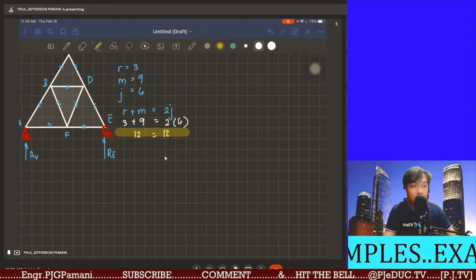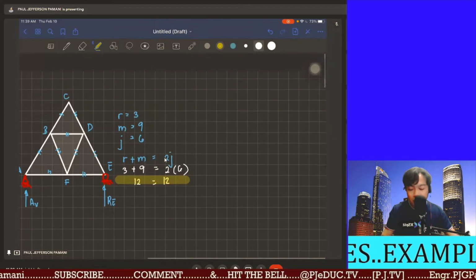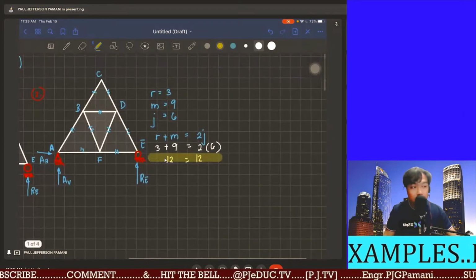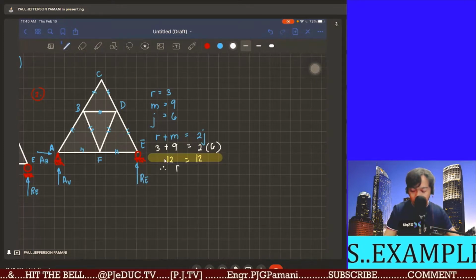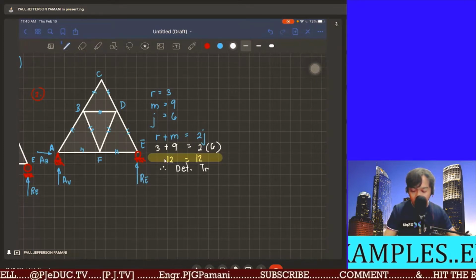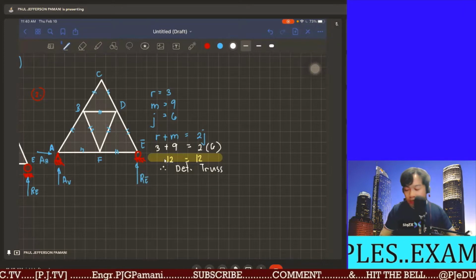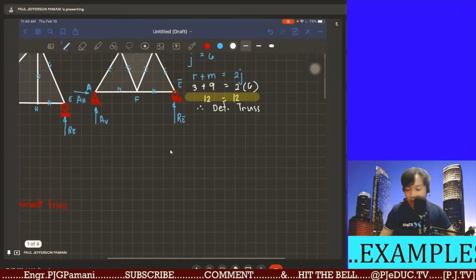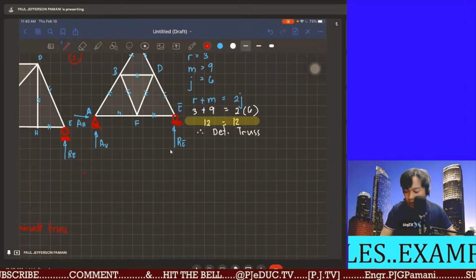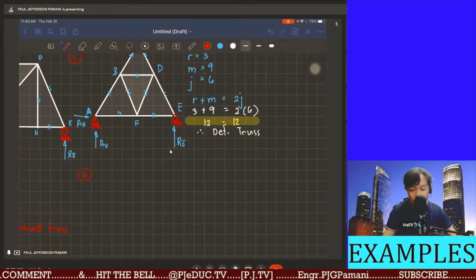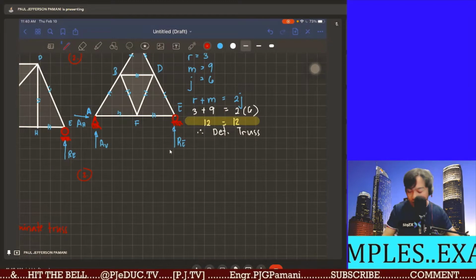Determinate, indeterminate, or unstable? Determinate truss. So this is also a determinate truss. So what if, let's go through more examples so you have nothing to complain about. Number 3, what if we have a truss system as shown?